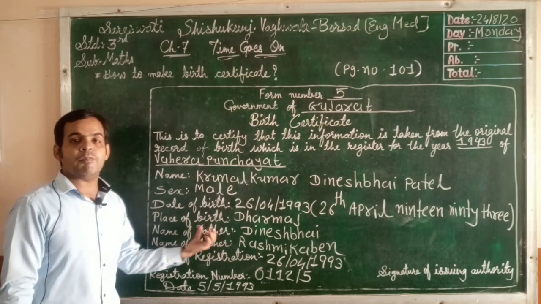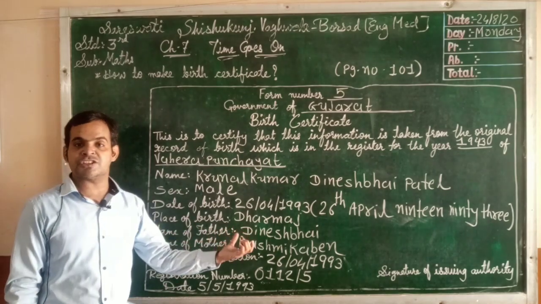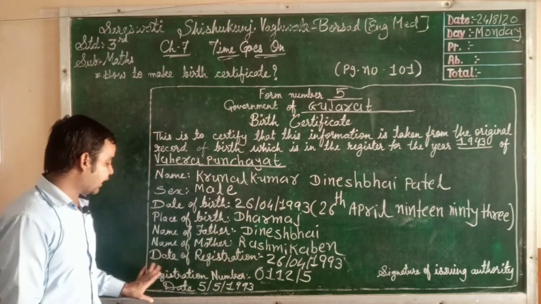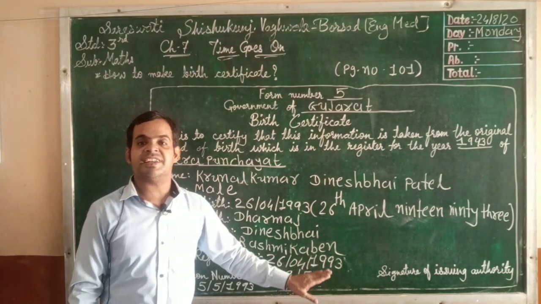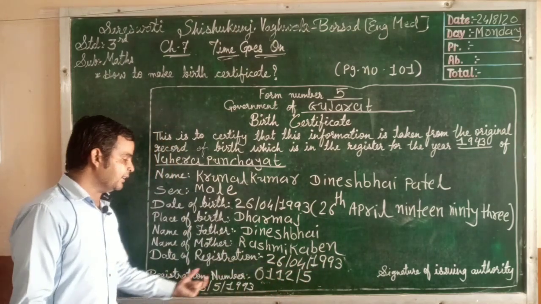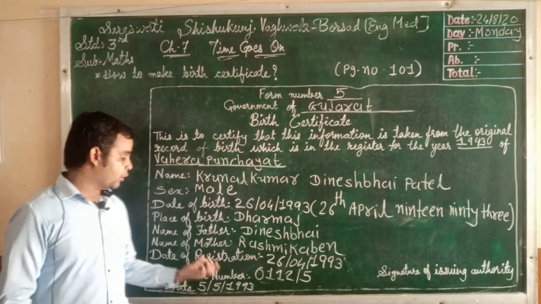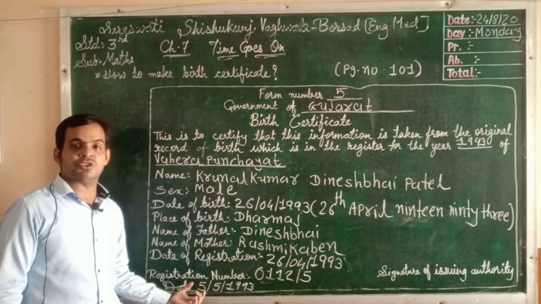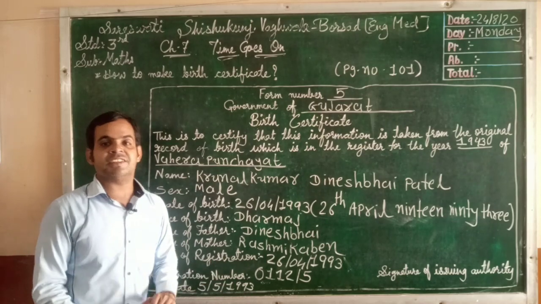Then place of birth Dharmaj, then name of father Dinesh Bhai, then name of mother Rasmika Ben, then date of registration 26 April 1993, then registration number 0112/5. And last you have to write a date of issue. So here I have written 5th May 1993.